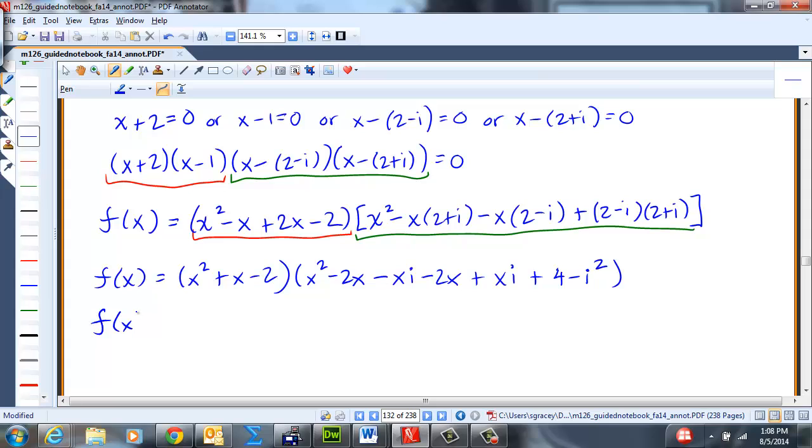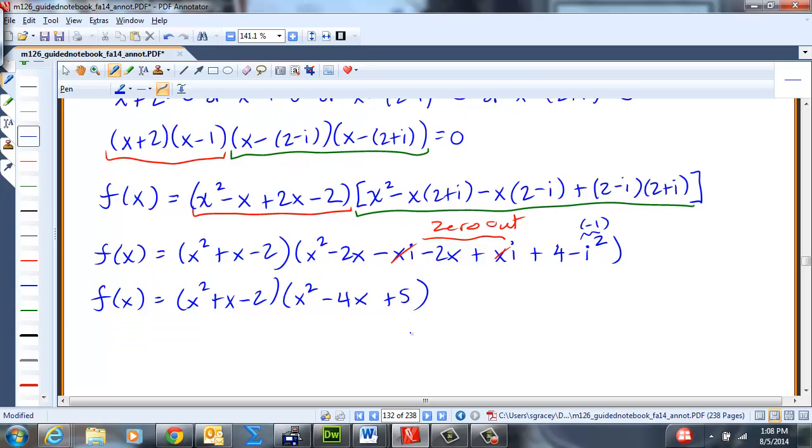So f of x will be x squared plus x minus 2 times x squared minus 4x. The xi terms zero out. And then I squared is negative 1, right? So 4 minus negative 1 is 5.